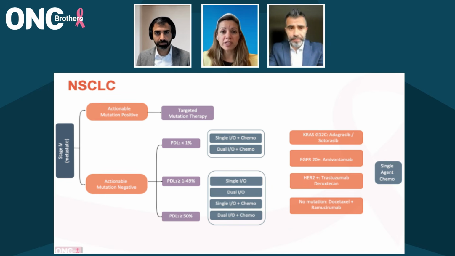So it's always important to take a very thorough history before you subject your patient to any immunotherapy. But if you have somebody that has no underlying autoimmune issues, a high PD-L1, stage 4 non-small cell lung cancer, frontline treatment with Pembrolizumab based on KEYNOTE-024 is a very fine option.